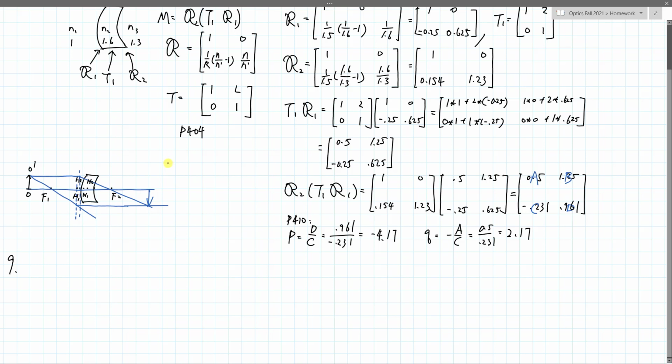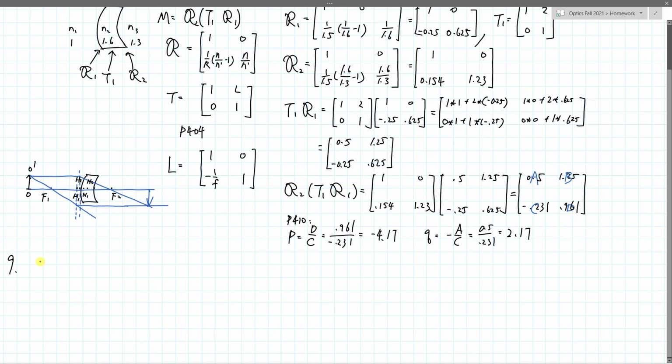I probably use L. 1, 0, 1, minus 1 over F. So that should be thin lens. Also it should be on page 404. Let's just make sure that's in there. So page 404 has all these things.